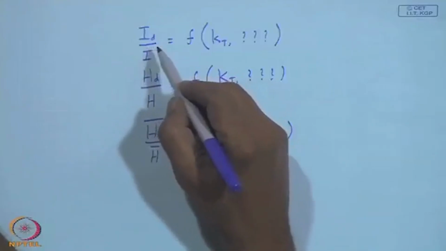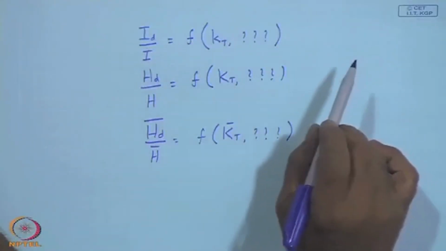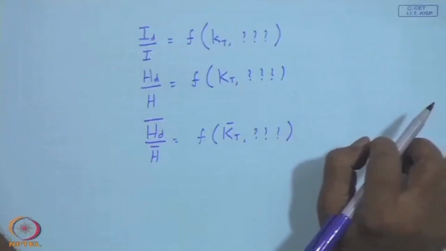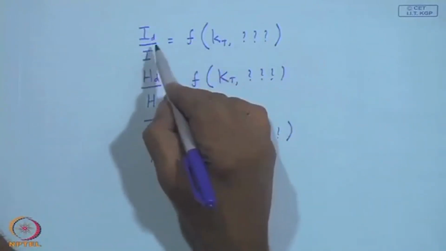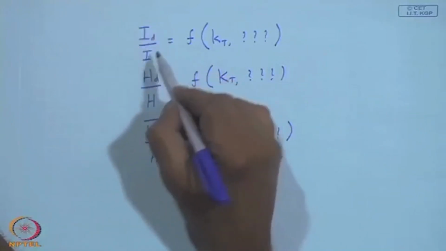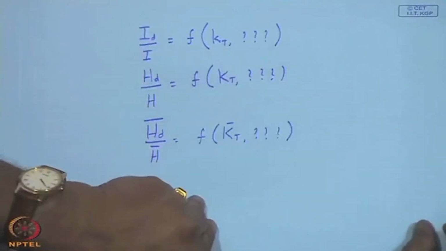And one might wonder, instead of I_d by I, why not I_b by I? When I was first going through that, I wondered why not, since beam direct radiation is 70% of that. But the measurements of I_b are fewer compared to diffuse fraction, and so it happened that this diffuse fraction correlates very well with this clearness index, which is nothing but the radiation available on the earth surface to the extraterrestrial radiation.